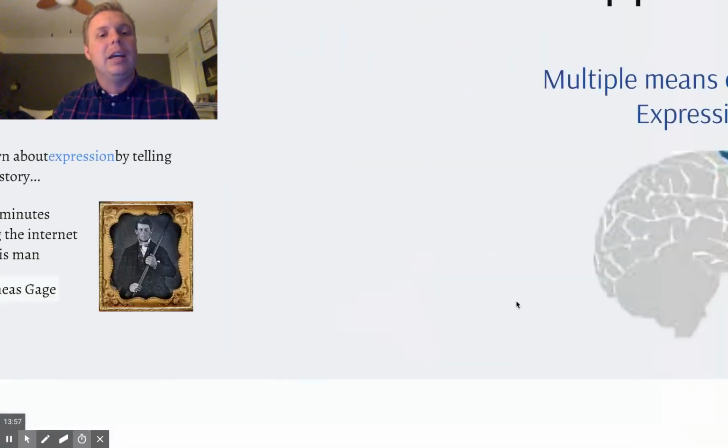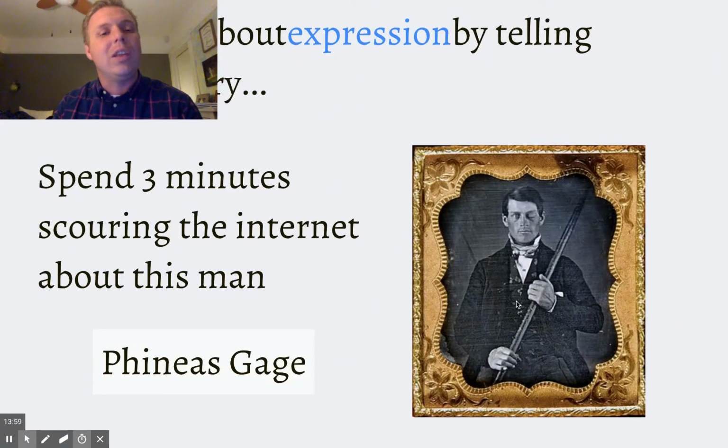And here is a fun story that represents this whole idea of what happens when your frontal lobe, the front of your brain, gets injured. So spend a minute. There's way more out there on the internet than what I can describe, but do a little search on this guy named Phineas Gage and see if you can figure out why he's an example of action and expression, right? This specific part of someone's brain and what that part of the brain does.